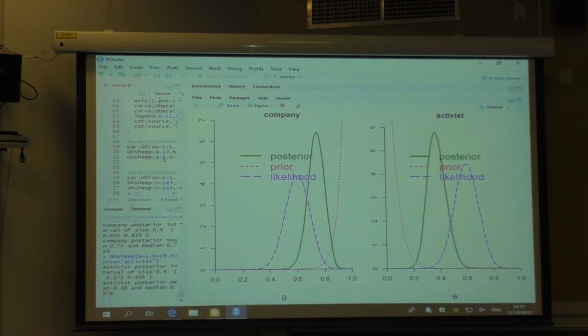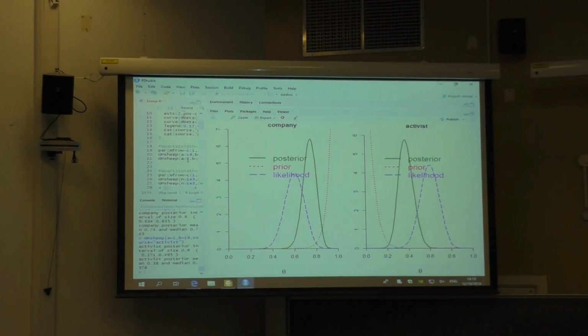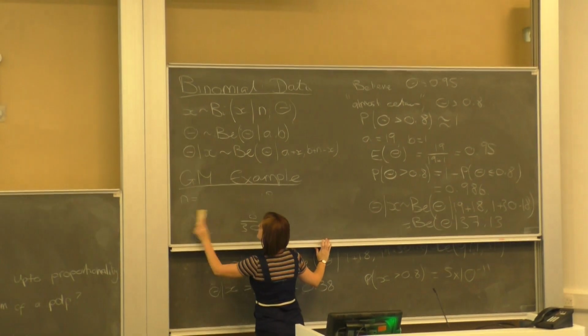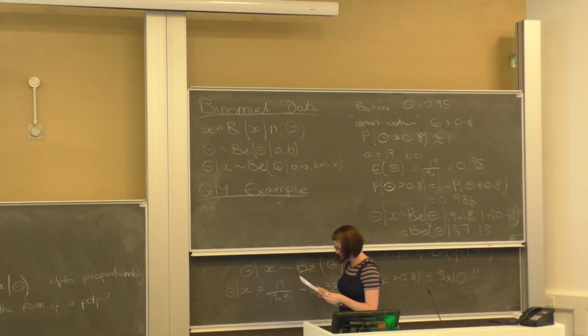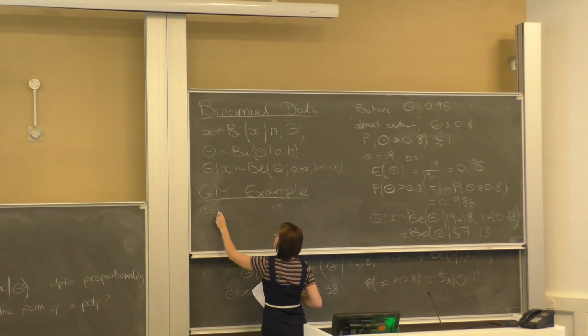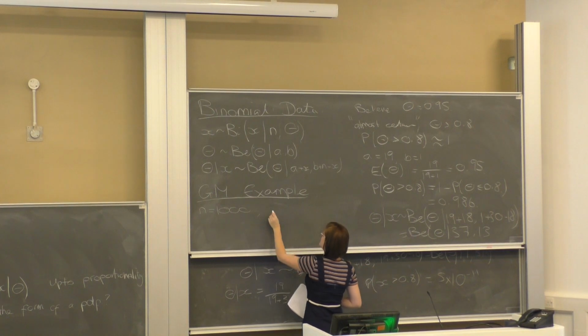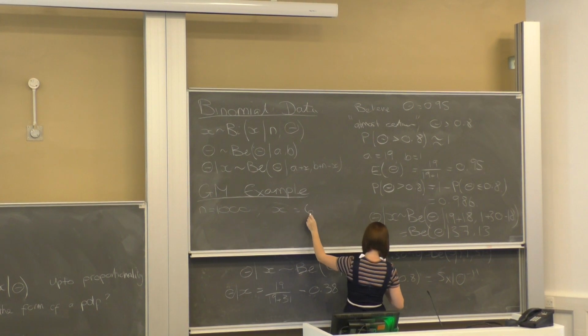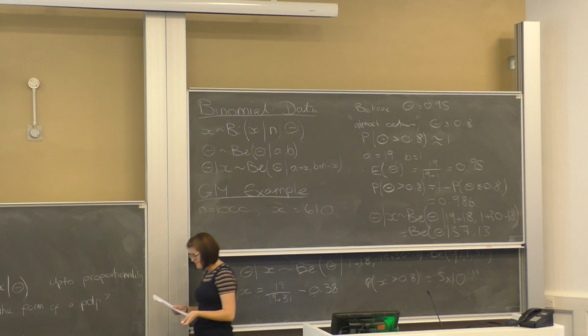So if we were to instead get more data, so instead of n equals 30, we had 1,000 trials, and then we observed 610 of those 1,000 sheep to be resistant.